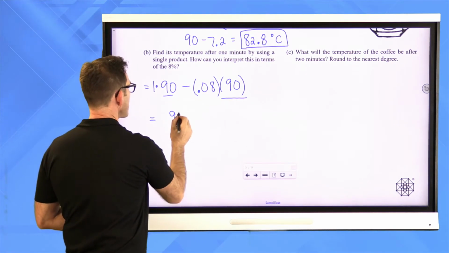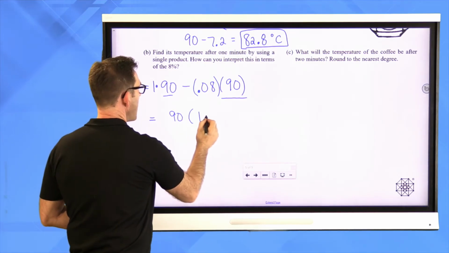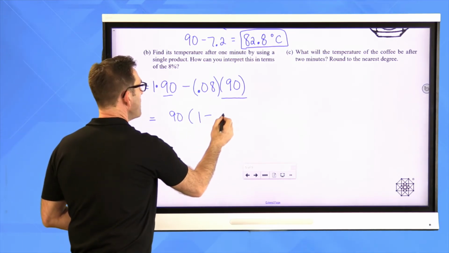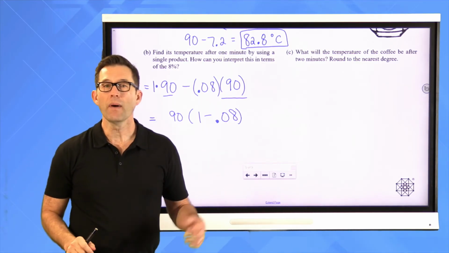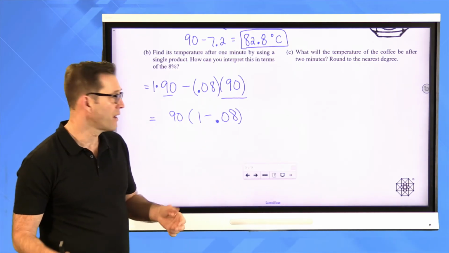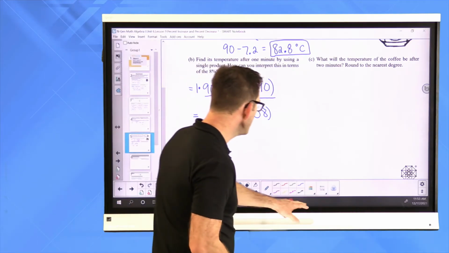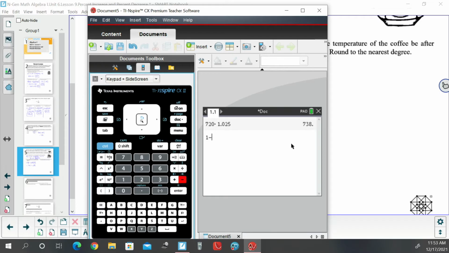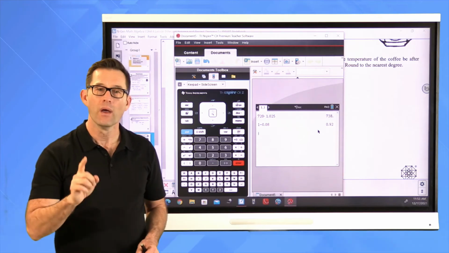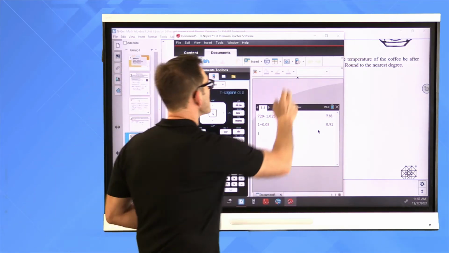I'm going to factor that 90 out, and I'm going to be left with 1 minus 0.08. You might need to do the 1 minus 0.08 on your calculator. I don't, but I'm going to do it anyway because I just want to illustrate something. 1 minus 0.08 is 0.92. We'll come back to that exact number in just a little bit.